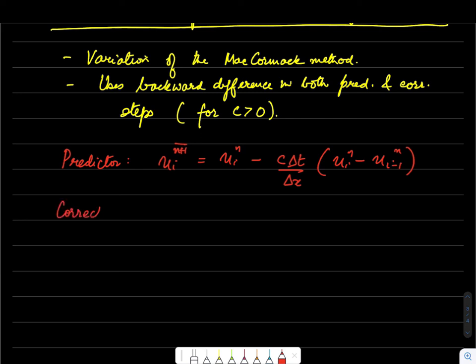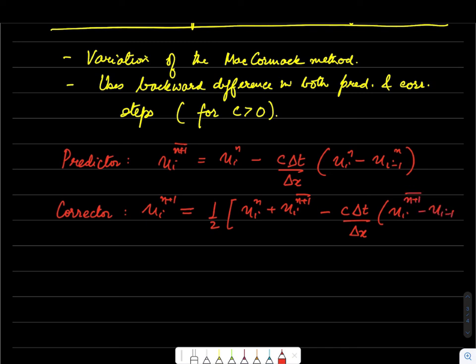The corrector step will be u_i^(n+1) is half of (u_i^n + u_i^(n+1) bar) minus c Δt/Δx (u_i^(n+1) minus u_(i-1)^(n+1)), both at bar, minus c Δt/Δx (u_i^n minus 2 u_(i-1)^n plus u_(i-2)^n).